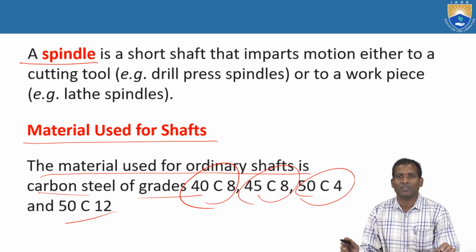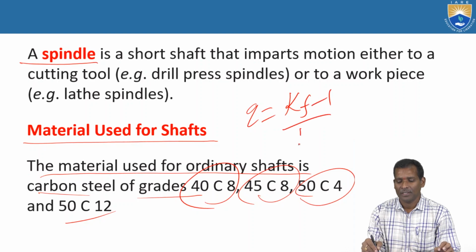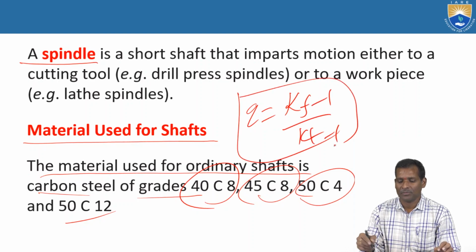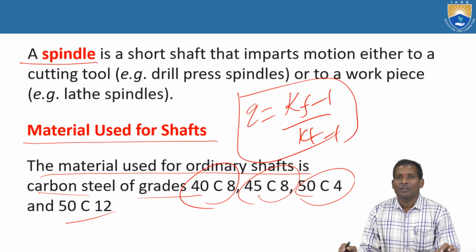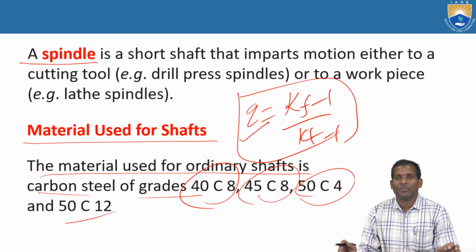Whenever the shaft is subjected to stress concentration, two factors are important: one is the fatigue stress concentration factor and the other is the theoretical stress concentration factor. The relation between these two we can write in terms of notch sensitivity, (Kf minus 1) by (Kt minus 1). So the material should have low notch sensitivity. These are the requirements for a good shaft design.